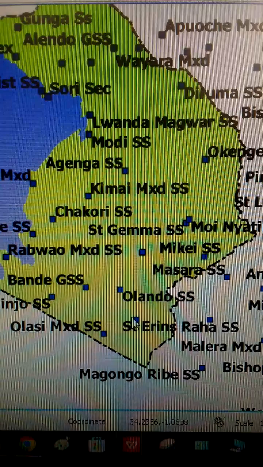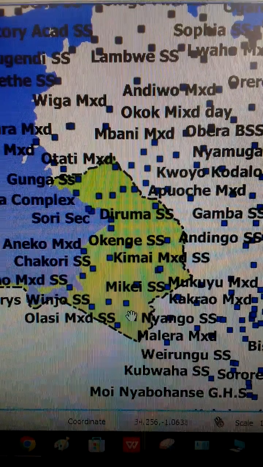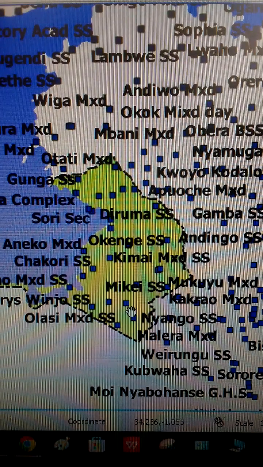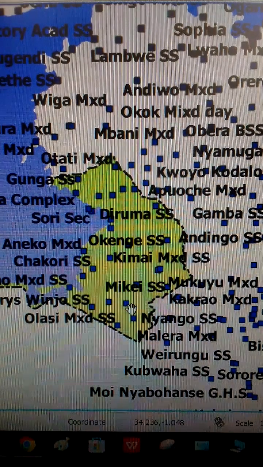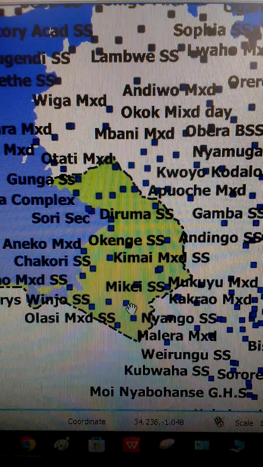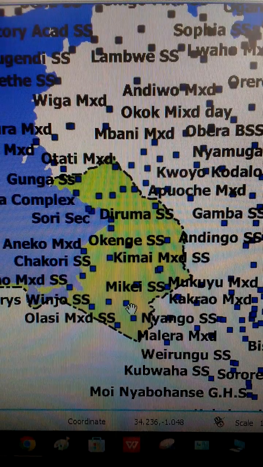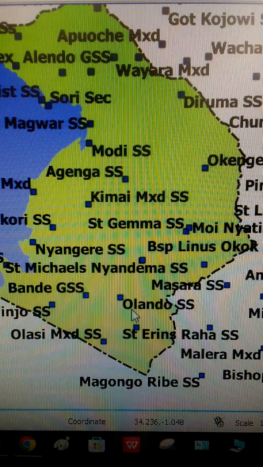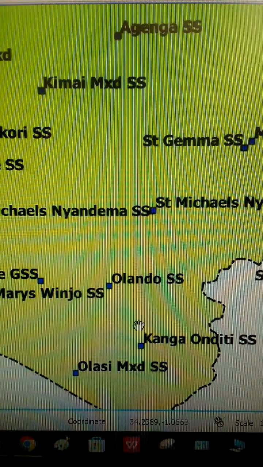If I zoom out, I am reducing the scale of the map so that I'm able to view a wider area but very little detail. Now, for me to be able to identify the location of individual schools, I need to increase the scale of the map by zooming in. So I zoom in and I'm able to see where the schools are found.